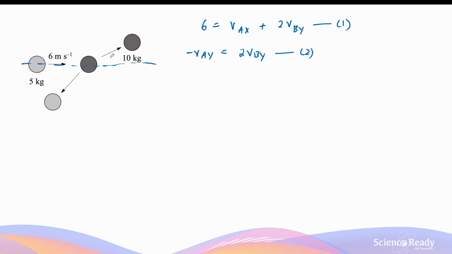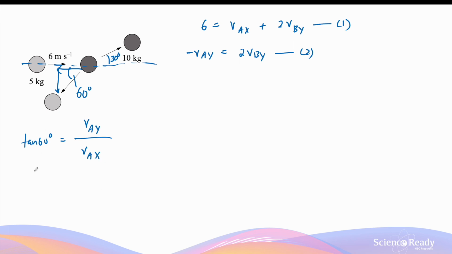Previously, we said that the angles of the velocities of the two balls are 30 degrees above the x-axis and 60 degrees below the x-axis respectively. We can use these two angles to construct new equations that relate the x and y components of velocity of the two balls. For example, for the 5 kg ball, tangent 60 degrees is equal to the opposite velocity vector, which is the vertical component of velocity for the 5 kg ball, represented by Vay, divided by the adjacent velocity vector to the angle, which is Vax.